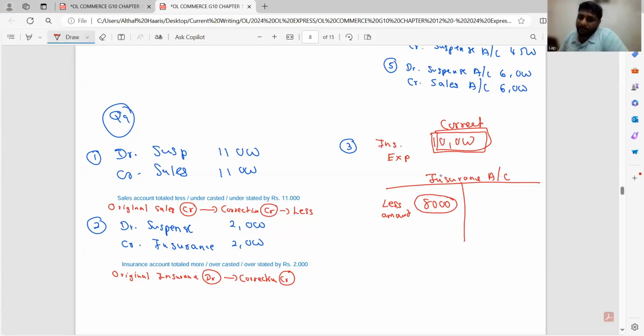Okay. Ideally 10,000 should be there. That 10,000 should be on which side, debit or credit? Insurance expense, now, in the debit side.